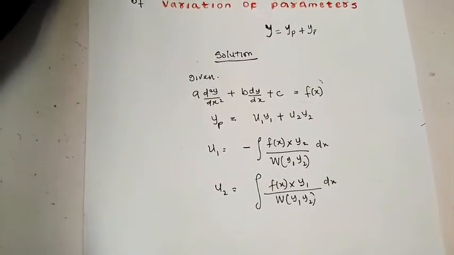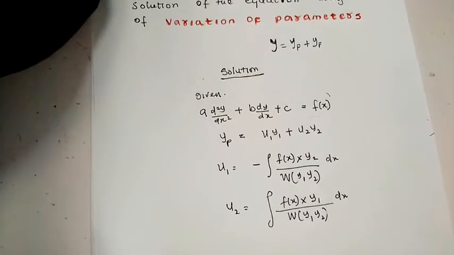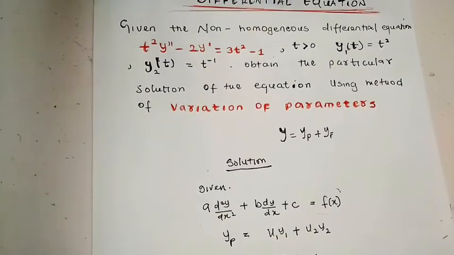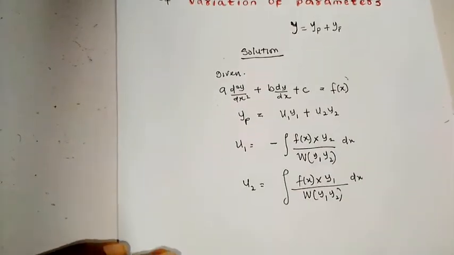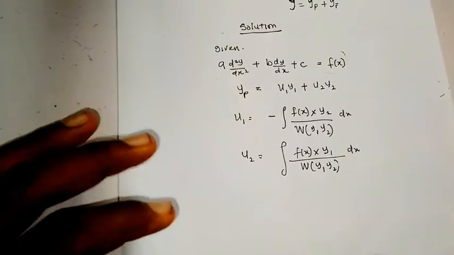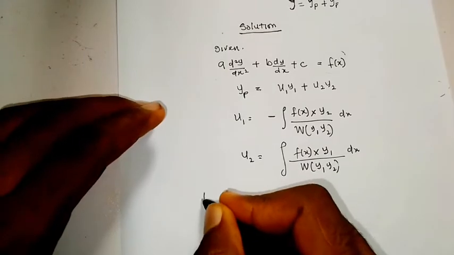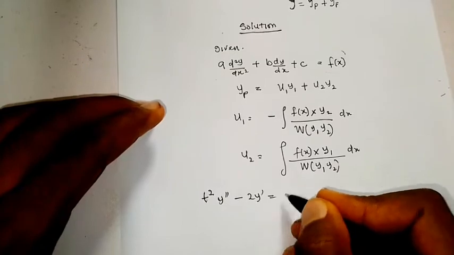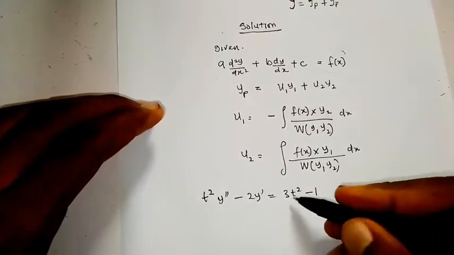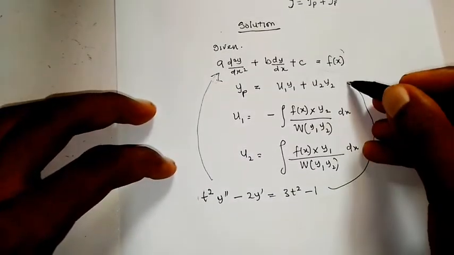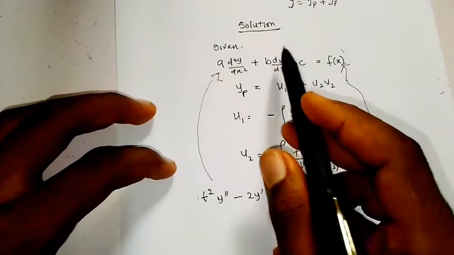Now, in our question, the independent variable is represented by letter t. So we're going to be changing our formula. It's not with respect to x, it is y with respect to t. Given the equation t squared y double prime minus 2y prime equals 3t squared minus 1, if you compare it with this equation, you see that this will map out with this and the remaining will map out with this.